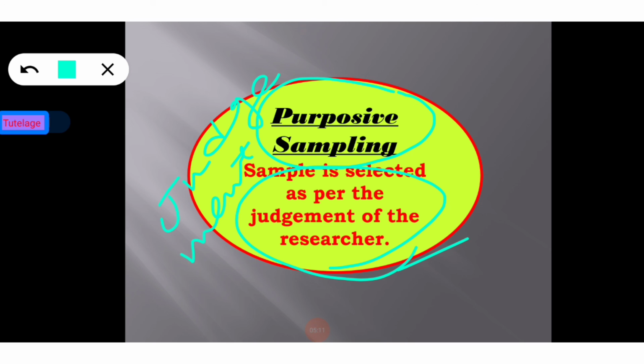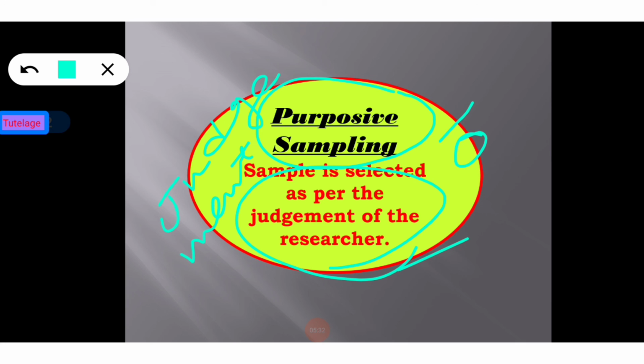For example, we have to select persons who can provide information about the research. So those units of the population are selected who meet the purpose of the study only. That's why purposive sampling is used when the population is very small.